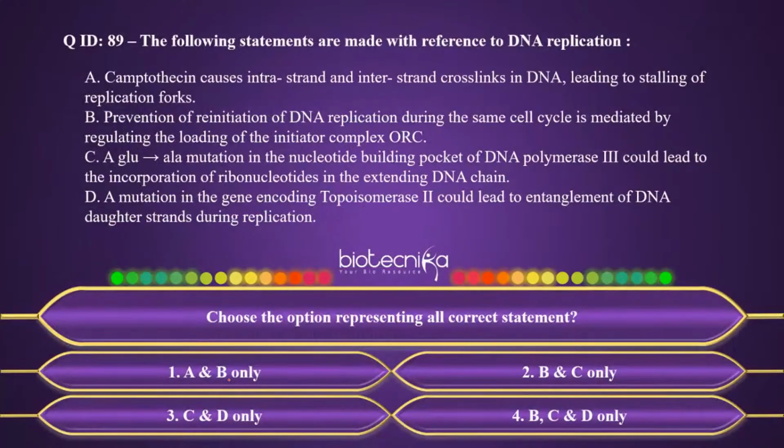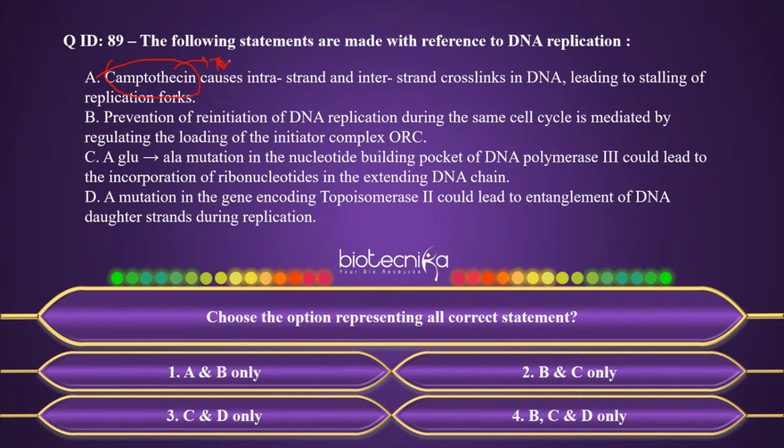Then coming to this question, ID 89. It says the following statements are made with reference to DNA replication. The first statement says that camptothecin causes intra-strand and inter-strand crosslinks in DNA, leading to the stalling of the replication fork. This is an inhibitory protein, which is responsible for the inhibition of topoisomerase 1.